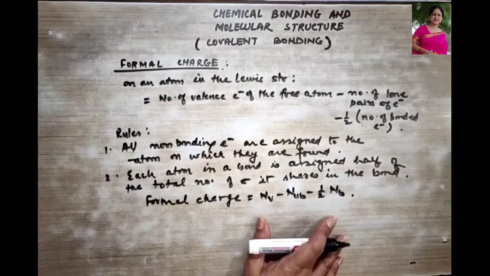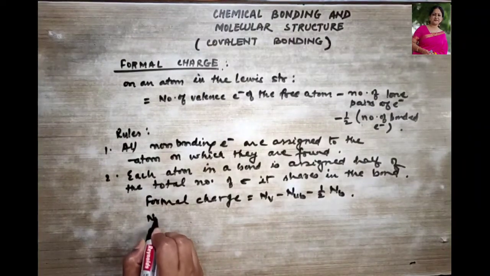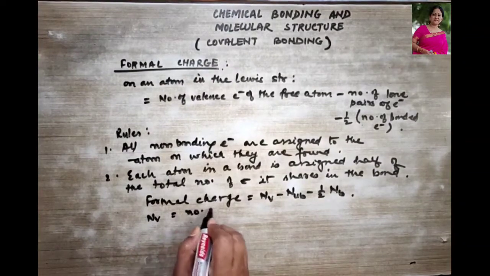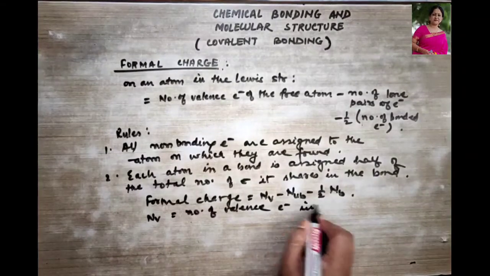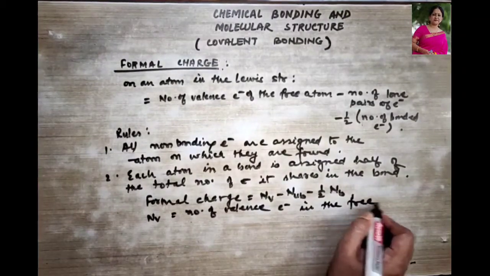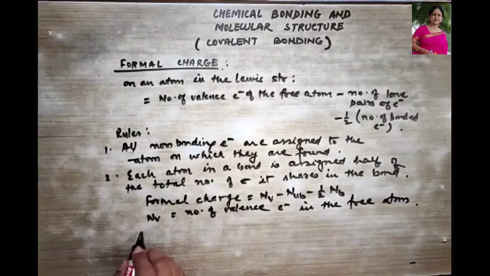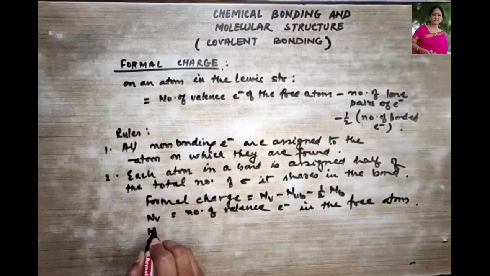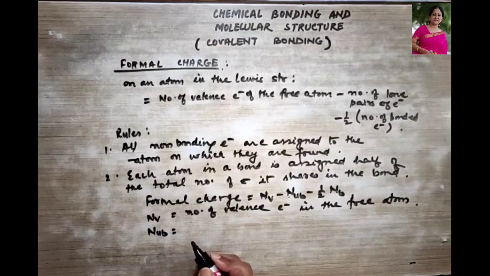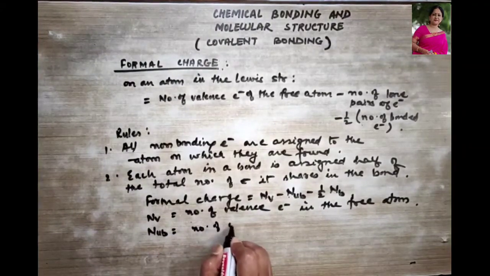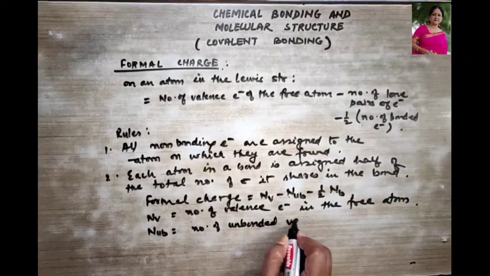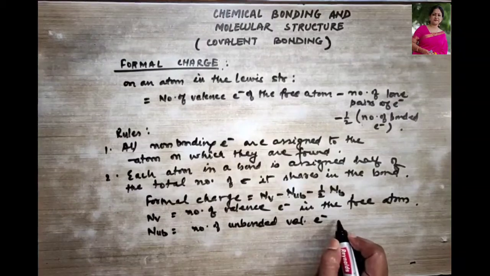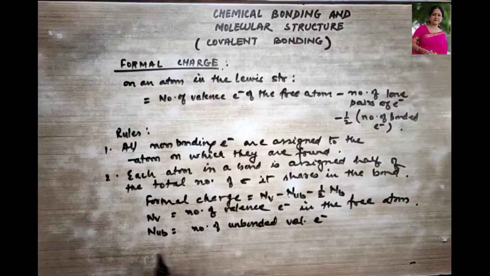Now I'll tell you what these are. Over here, NV is the number of valence electrons in the free atom. Then NUB, what is this? It is the number of unbonded valence electrons, right? And then we have NB. What do we mean by NB?